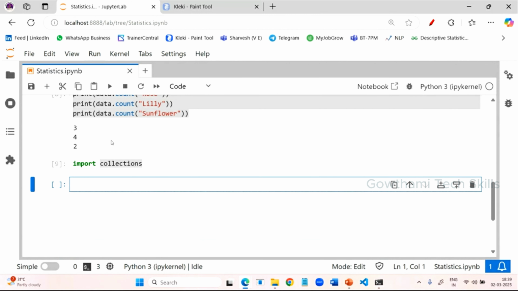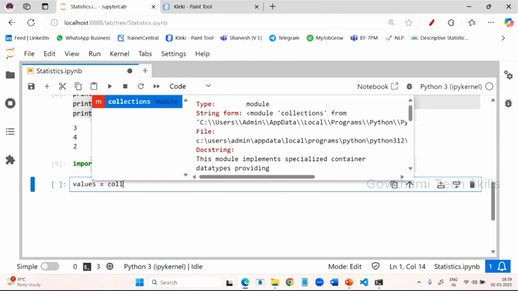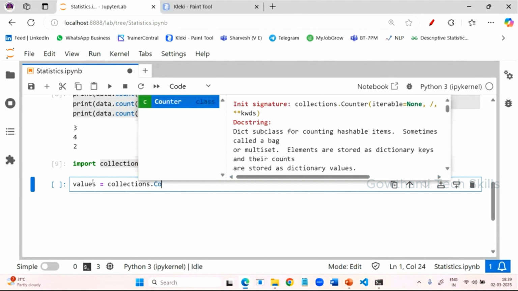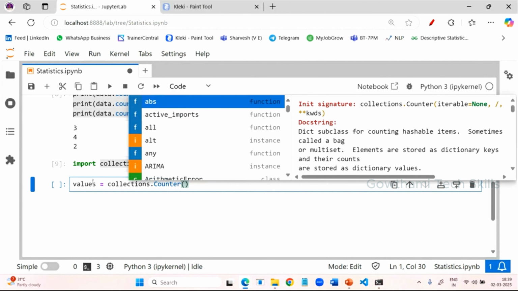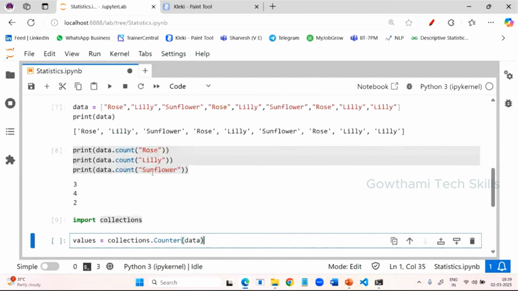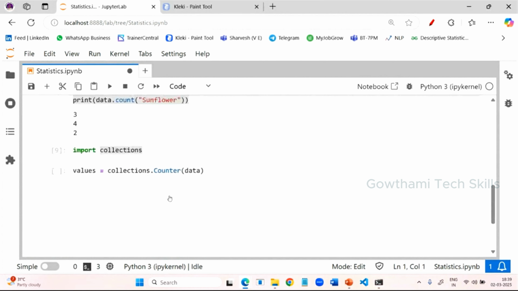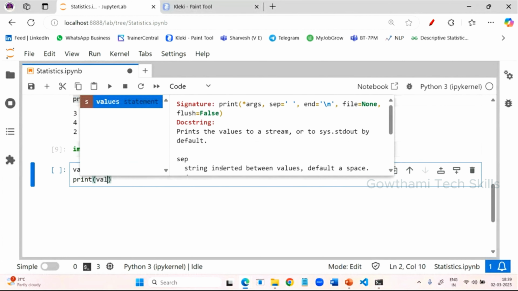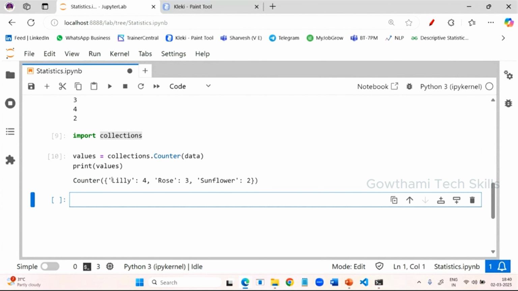Now see here, I'm going to create one variable, values, is equal to collections.Counter, and inside it, the variable in which you want to count the values. Now print that variable values. Now run and check it. Lily 4 times, rose 3, sunflower 2.